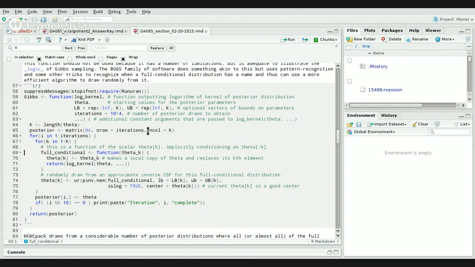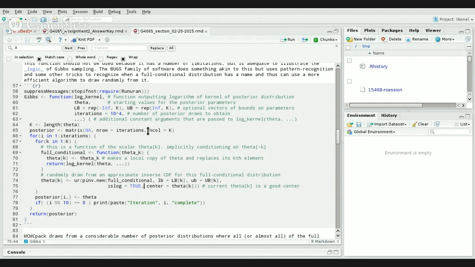So this is the function that our Uniroot needs to be approximating the inverse CDF of. And you have to redefine the function each time because the thetas besides k are changing every time, so it needs a new approximation. And that's why this is just pathetically slow. But conceptually, it's the right thing to do.